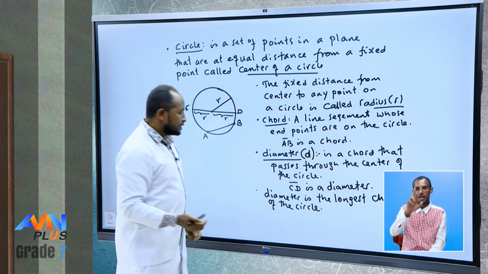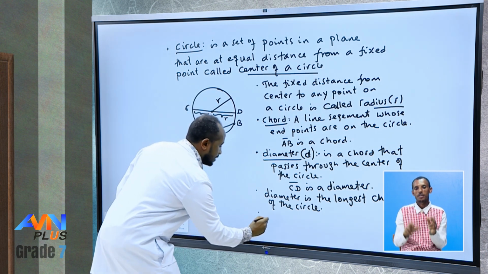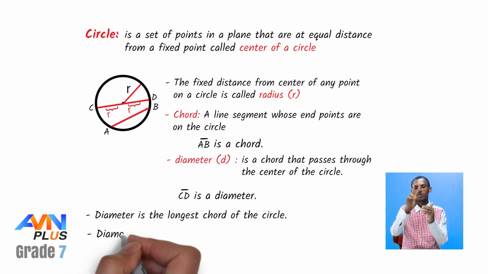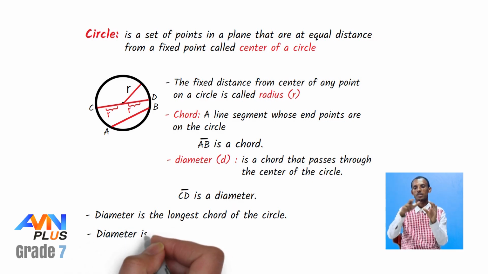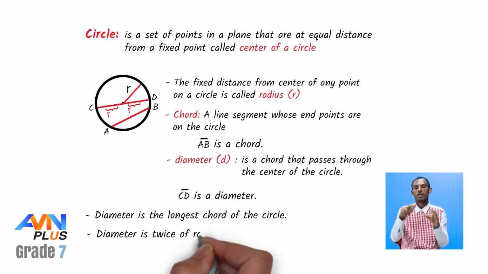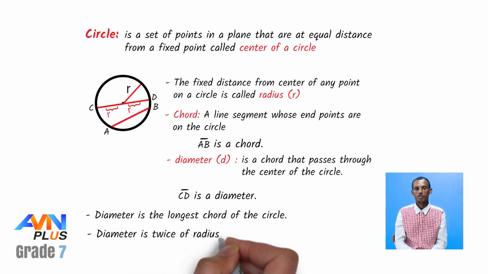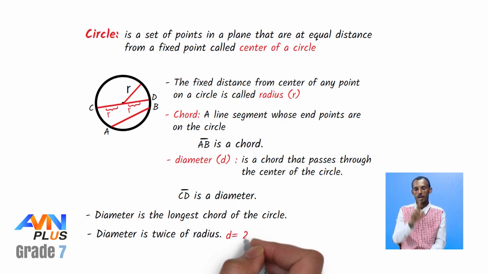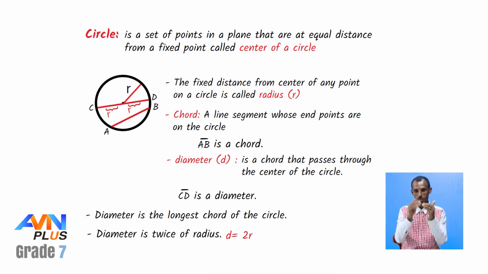Therefore, diameter is twice the radius. In short, we can write: d is twice r.